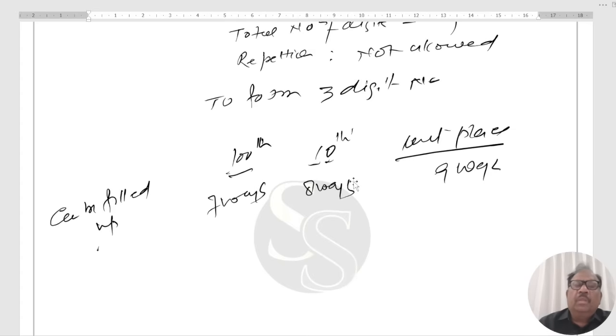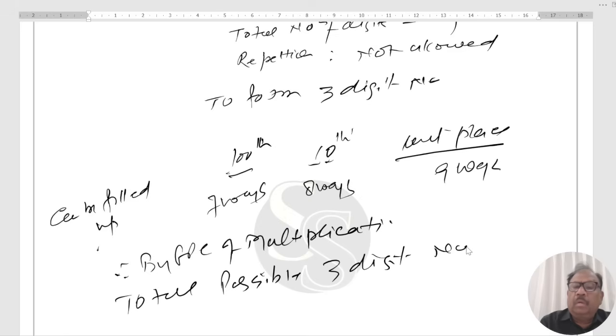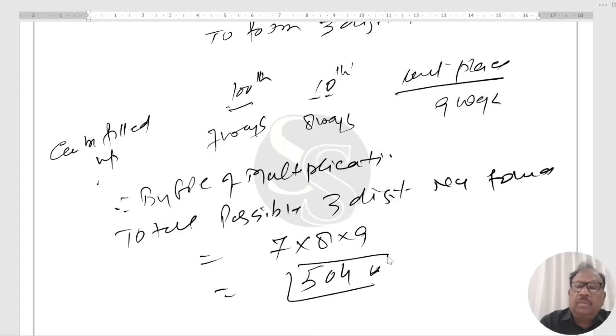Therefore, by FPC of multiplication, total possible 3-digit numbers formed will be 7 into 8 into 9. That comes out to be 504 numbers. That is the answer.